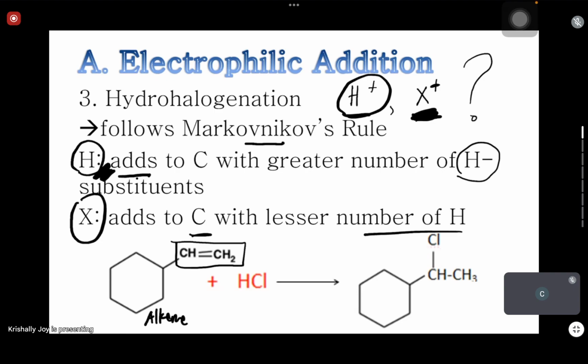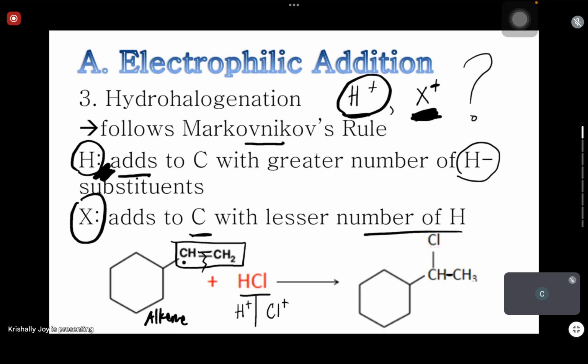Okay, for these halogen being added, for the H plus and the Cl nga electrophile to be added in this alkene, we need to break first the pi bond. Okay, so tingnan. Gi-break ang pi bond. So, single bond na lang yung natira.